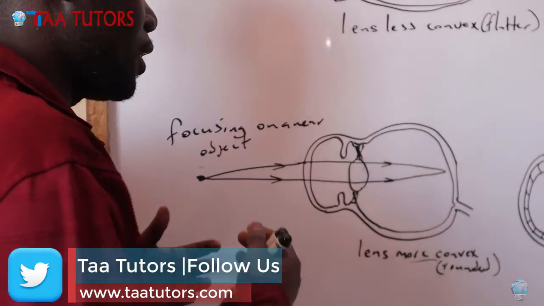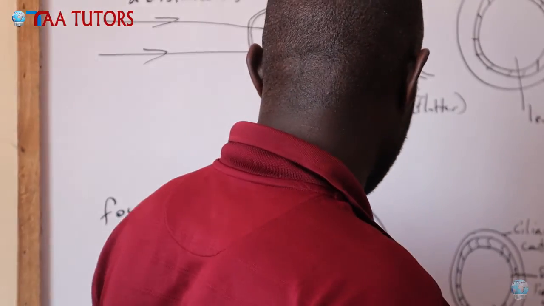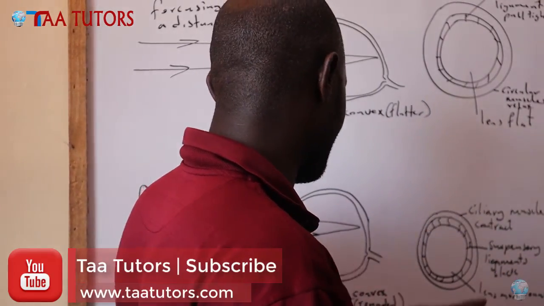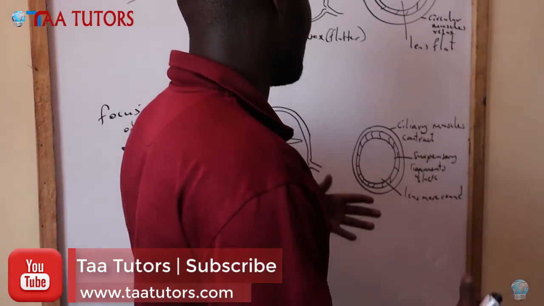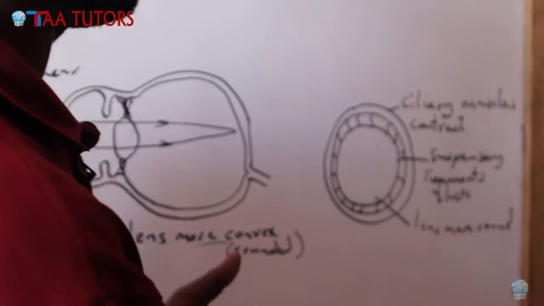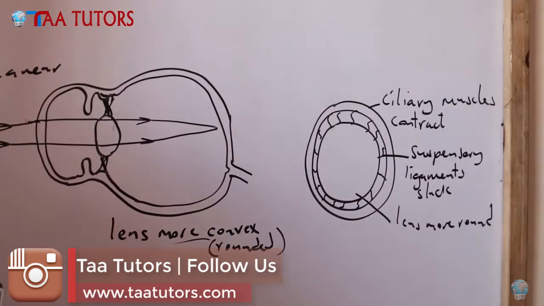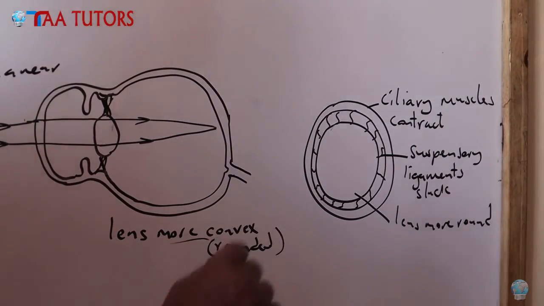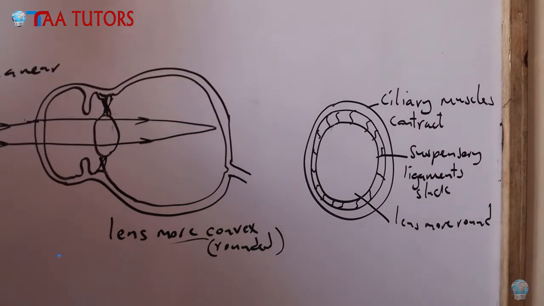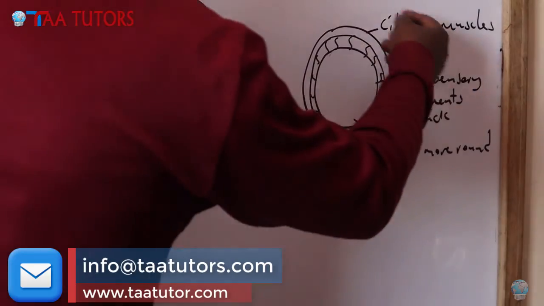so that we can focus a sharp image. So what will be done here is that the muscles will help us change the shape of the lens, so that it can become more convex. And this is done when the circular muscles now contract. Their contraction enables the suspensory ligaments to relax, and when they relax, they slacken and loosen up, so that there is more room to accommodate the circular muscles.